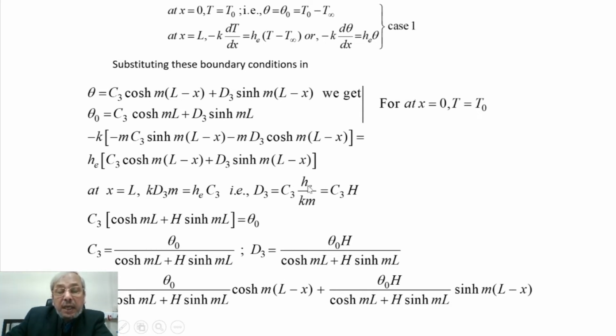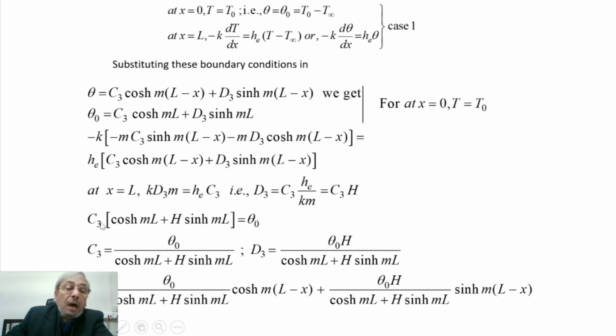He is the end heat transfer coefficient by thermal conductivity into the m parameter, and this m is quite often called the fin parameter. So C3 into H, this is substituted as H.